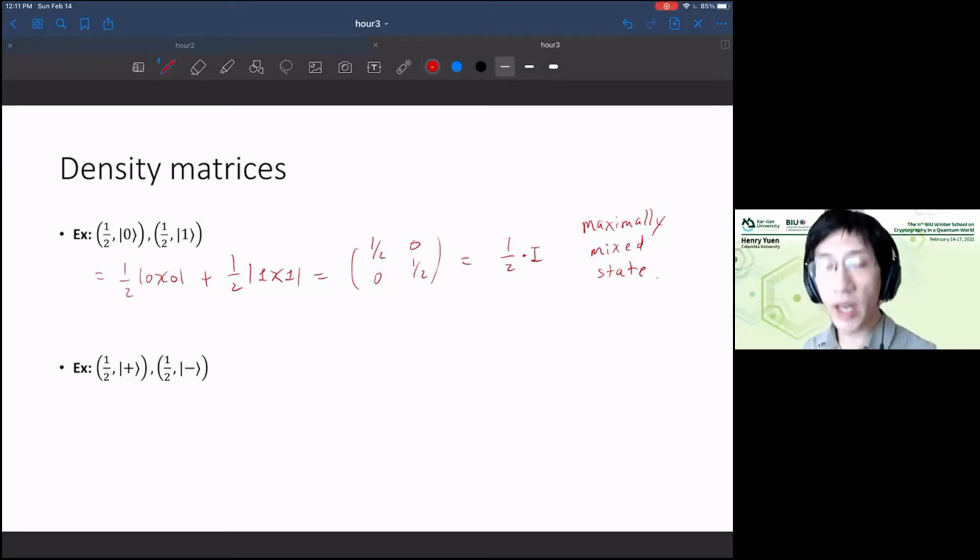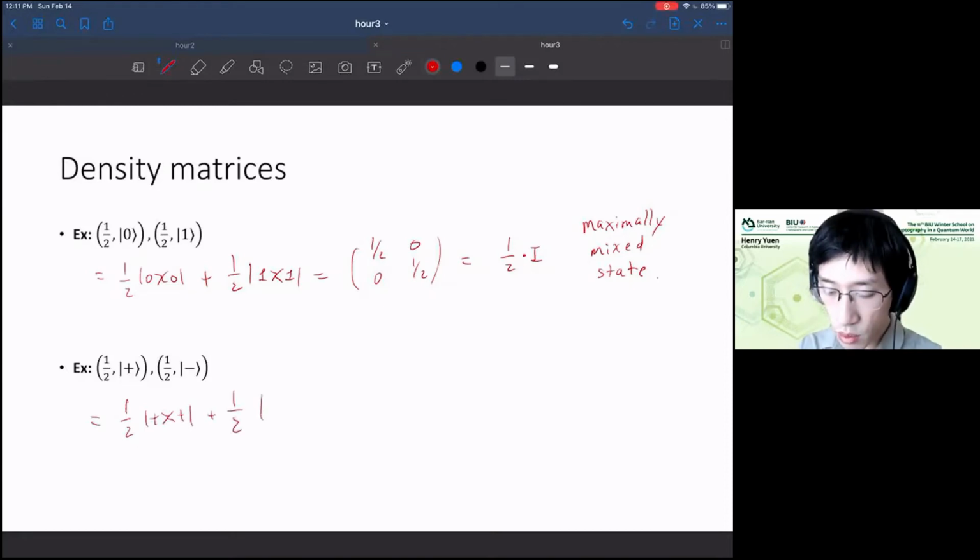What if we take 1/2 probability the plus state and 1/2 probability the minus state, right? It looks like we've done a change of basis, but let's see what density matrix we get out. This is 1/2 outer product of the plus state plus 1/2 outer product of the minus state. You can write out what these matrices are.